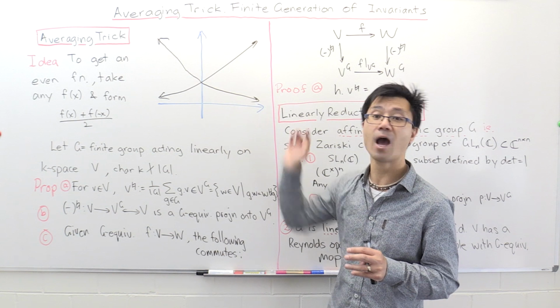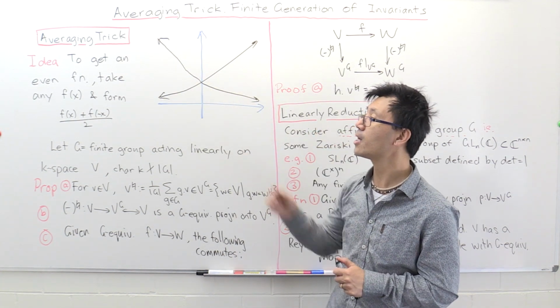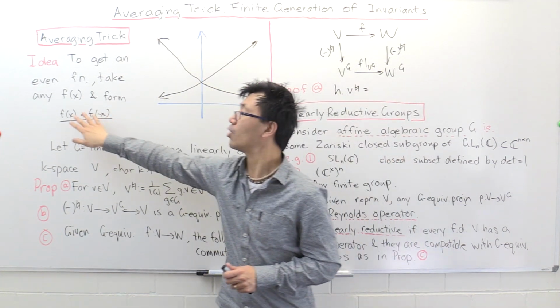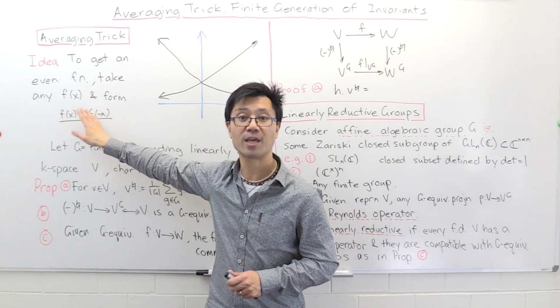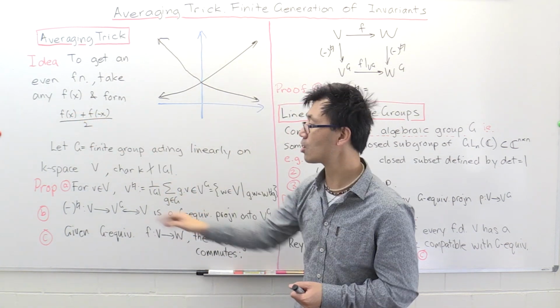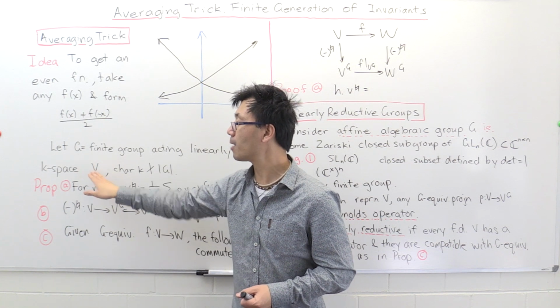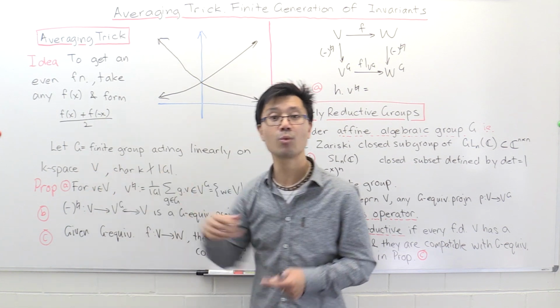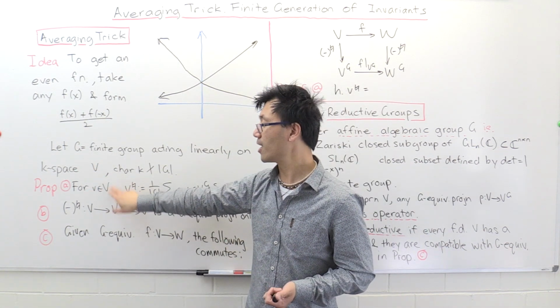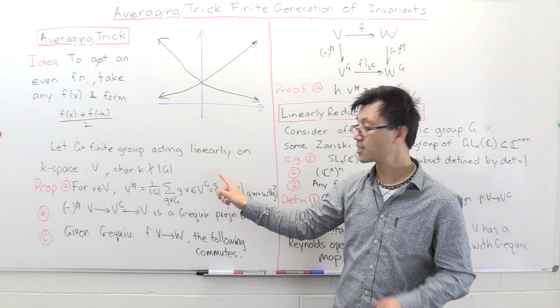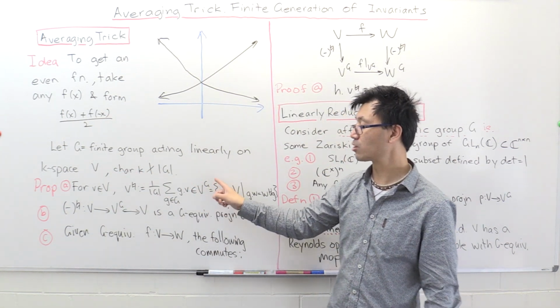Let's see how we generalize this trick here. The key is you look at all the symmetric looking things and take the sum. Suppose we have some element little v inside V, and we want to get a handle on V^G, the fixed point set with respect to the action of this group.